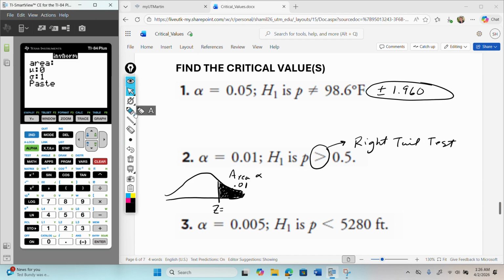And the shaded region is the right area. But what we have to remember is the total area under this density curve is 1, and so the left area here is going to be 1 minus the shaded region. And you don't need to even calculate that. You can just tell it the left area is 1 minus 0.01. And you must give left area when you're just on the plain 84 Plus. You don't have a choice.